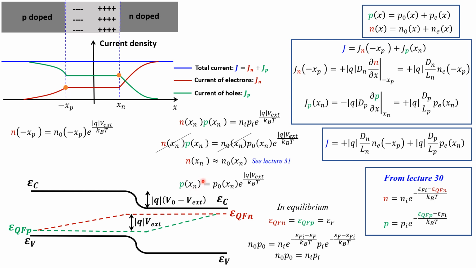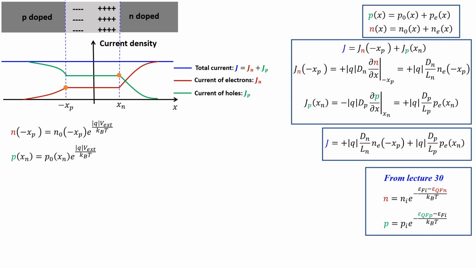You can see that the concentration of holes out of equilibrium is equal to the concentration of holes in equilibrium times the exponential term. In other words, this concentration is modified by the external voltage.